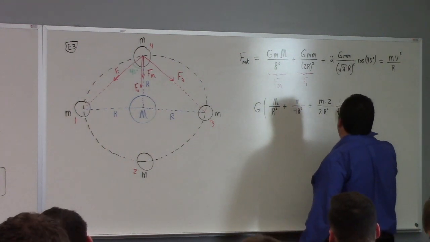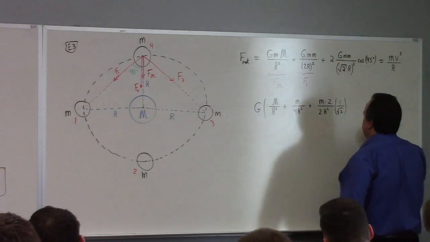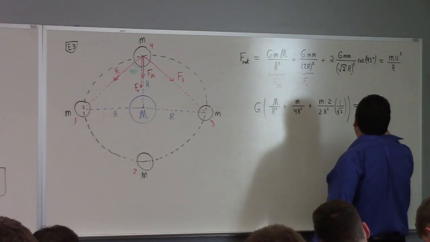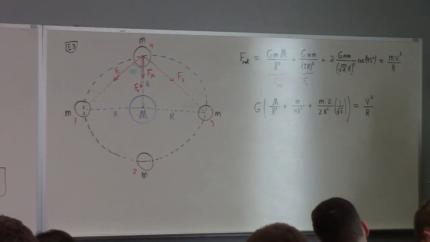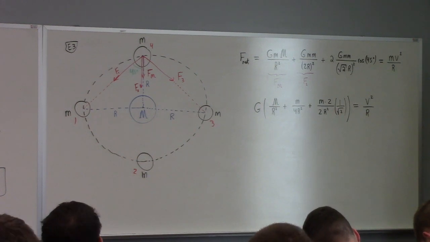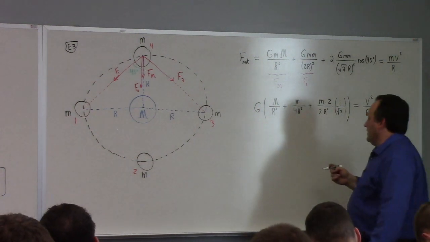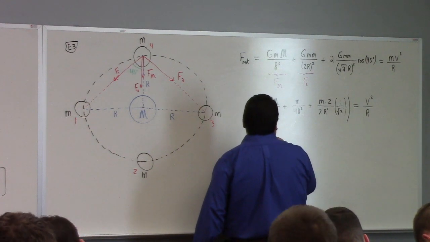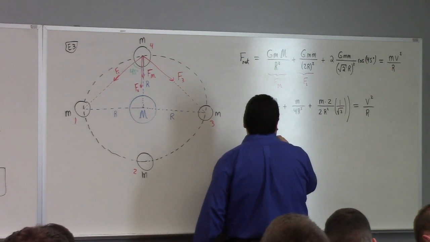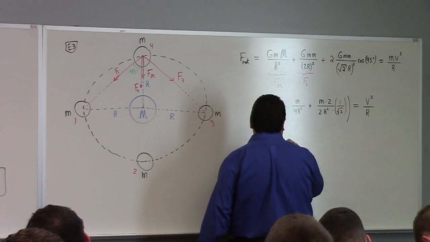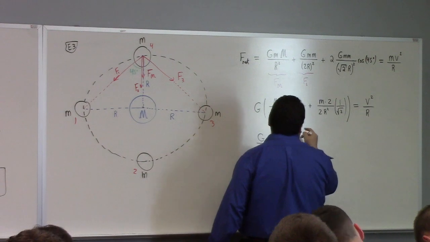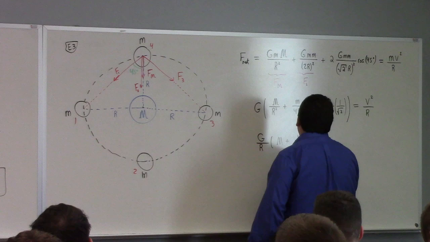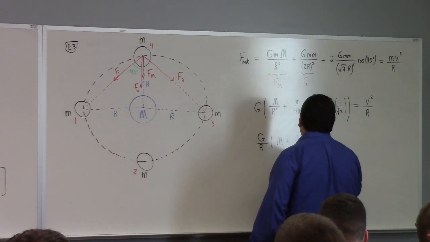1 over root 2 for my cosine, close my parenthesis, equal v squared over r. All right. So I have g over r times apparently big M plus, let's see here, I've got a quarter, 1/4 plus 1 over root 2.